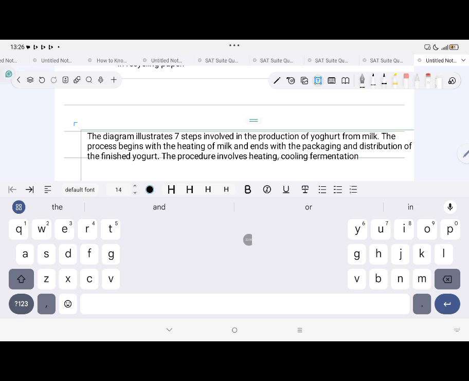Fermentation just means you wait for it. You added the live yeast or bacteria to make it ferment. Fermentation, refrigeration, and the addition of flavor or flavoring ingredients. That's the sugar and the fruits.